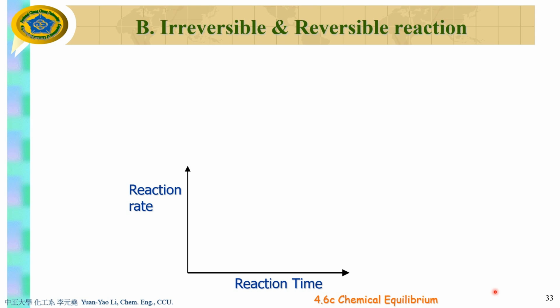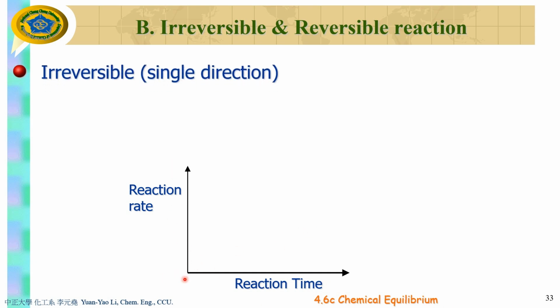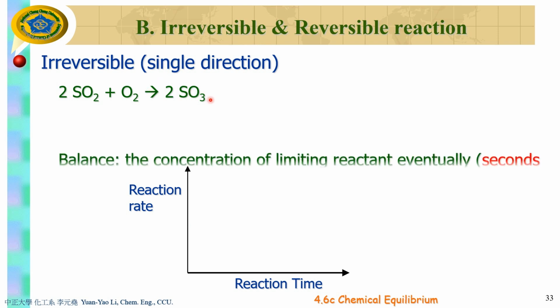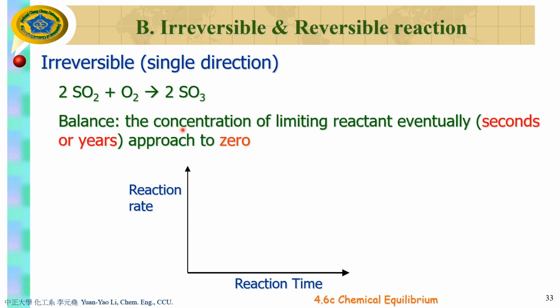The other topic is irreversible and reversible reactions. This is time, reaction time, and this is reaction rate. Irreversible means a single direction, and just now we always talked about irreversible chemical reactions, which go in only one direction. So the concentration of the limiting reactant eventually approaches zero.